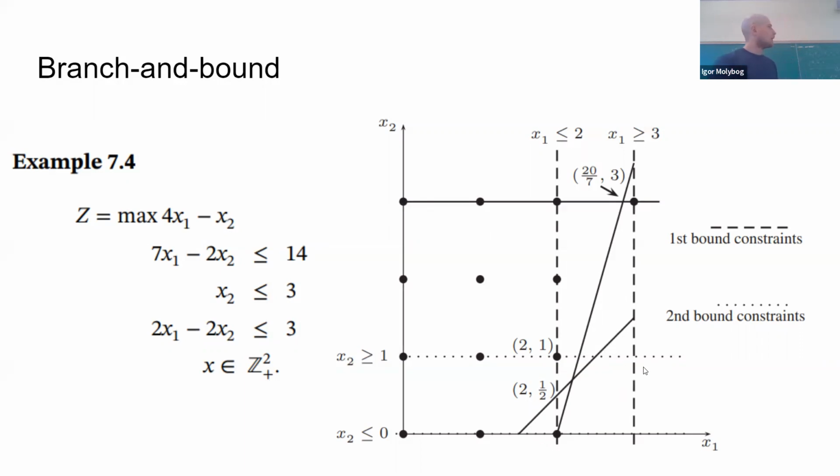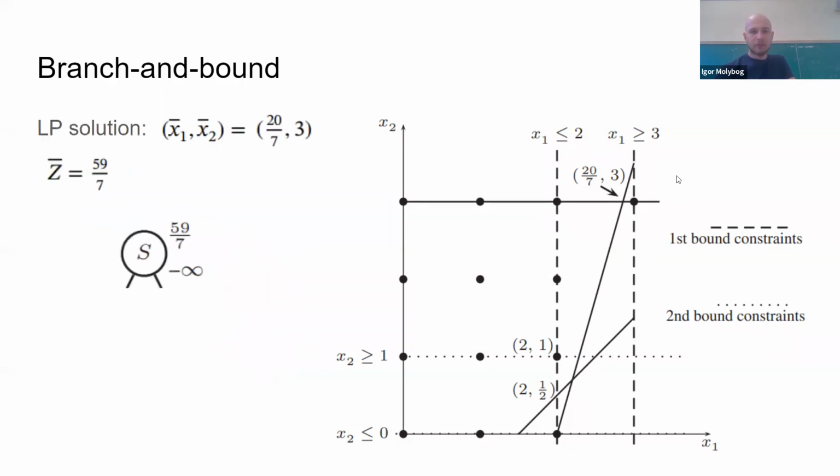So the points that belong to our set are these points over here, inside this outlined region. We would like to solve this problem with the normal algorithm based on the idea of branch and bound, the LP algorithm.